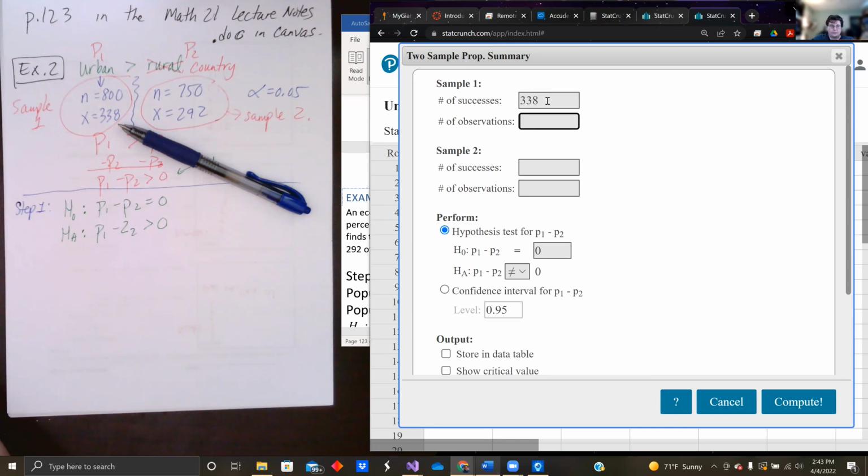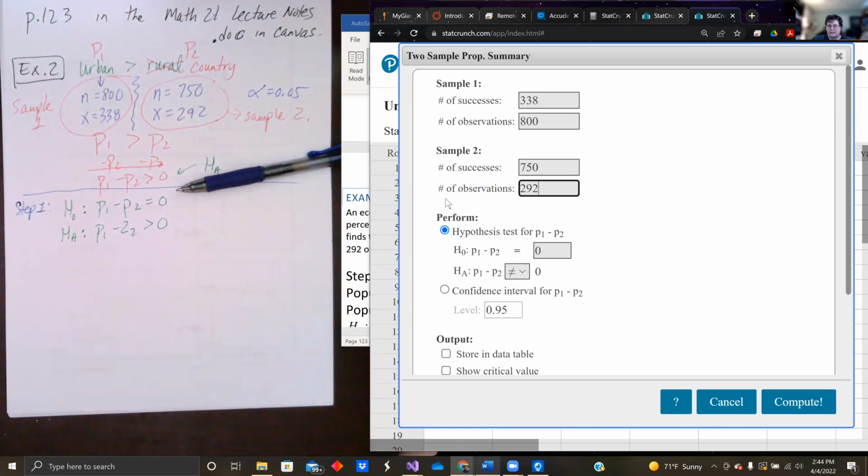I'll put their 800 there. And then sample 2 is 750. I'm using tab to get between the boxes. The tab key means you don't have to use the mouse and click. And they have 292. Now that I've got it written out, I actually know what I need to click here. It's not a mystery.